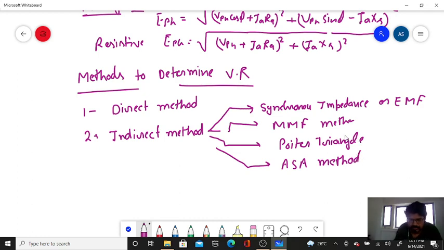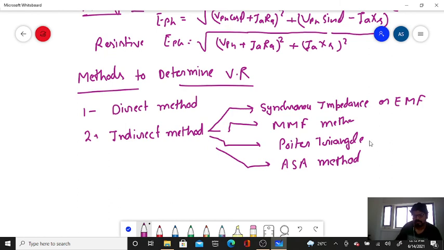In the synchronous impedance method, the value of impedance will be more than the actual value, so we call this a pessimistic method. In the MMF method, the value of voltage regulation comes a little less than the actual value, so we call it an optimistic method.